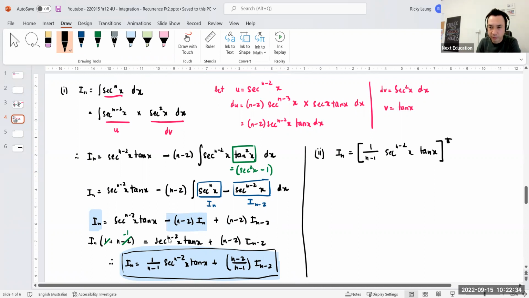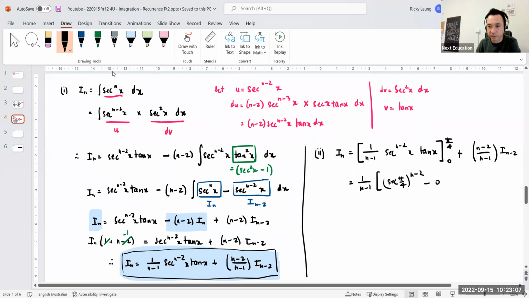So pi on 4. It doesn't actually neutralize, which is not ideal, but hey, we are where we are. So minus 2 over n minus 1, I_(n-2). All right, let's see. When I sub in pi on 4, let's take this guy out first. Tan of pi on 4 is 1, so just be sec pi on 4. Okay, maybe it's not too bad.